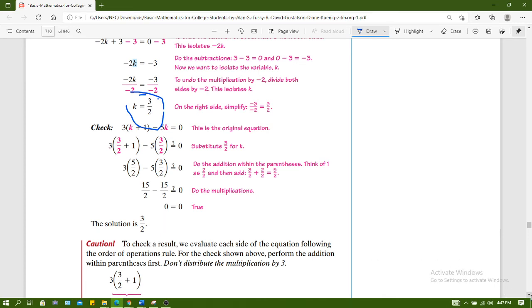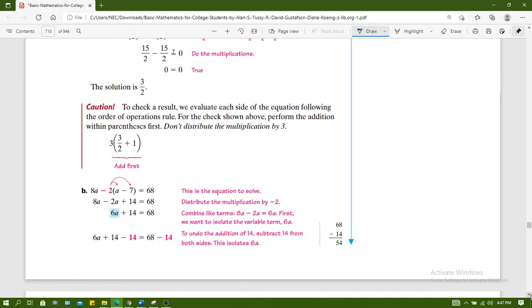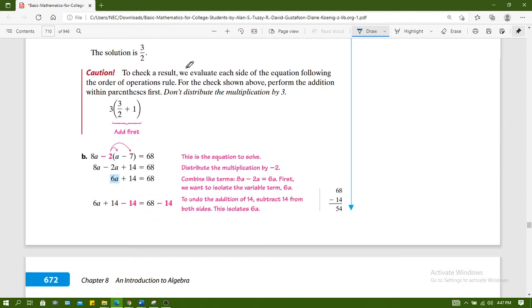Caution! You need to take a look at this caution. To check a result, we evaluate each side of the equation following the order of operations rule. No matter what degree and level of difficulty in mathematics, we will always apply the order of operations rule.